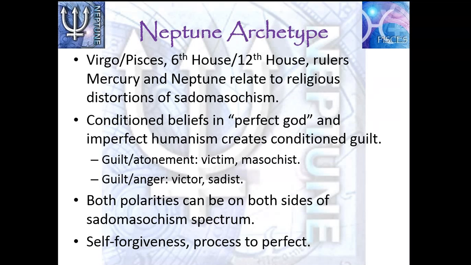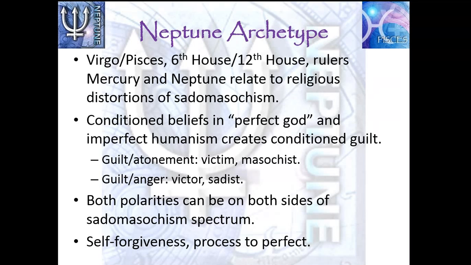When the guilt is linked to atonement, I must suffer, I must amend and atone, it creates victimization and in its extremes, masochism. When the guilt is linked to anger, how dare they, I'm going to get them before they get me, it is linked to victimization and in its extremes, sadism.